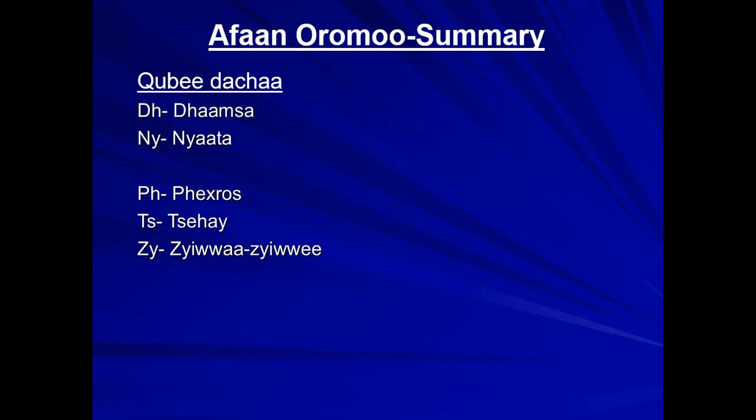Nya is the second one: nya, nyata, nyara, and so on. The last three are not typical of the Oromo language, but if you want to write those sounds, the words from other languages, we use those three sounds.